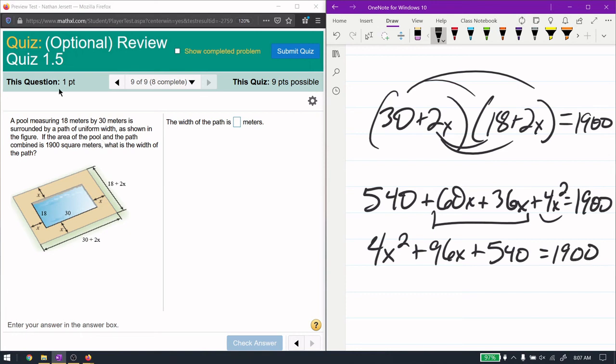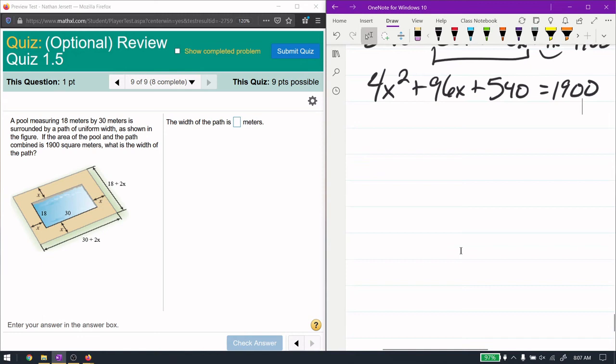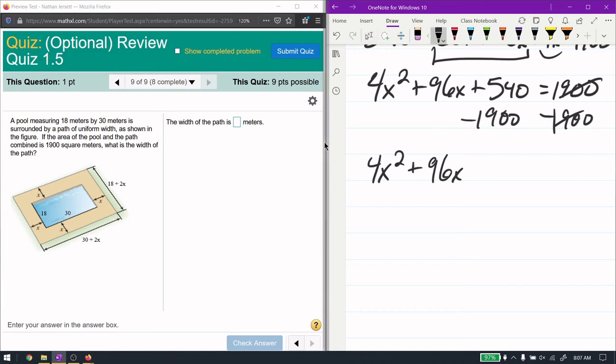And to solve a quadratic equation, we want to get it equal to 0. So I'm going to subtract the 1900 from the right-hand side. 540 minus 1900 gives me negative 1360. Okay, it's set equal to 0.